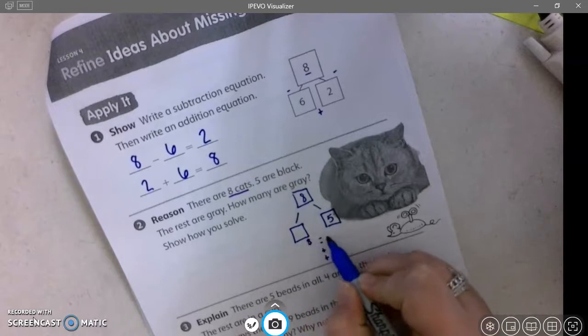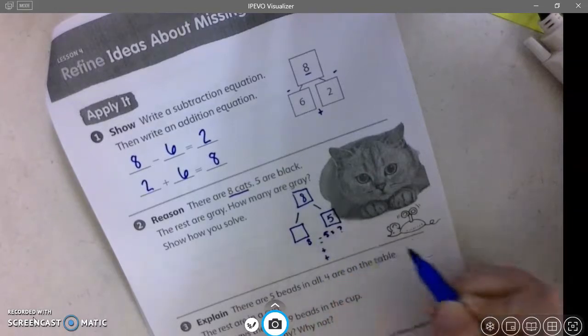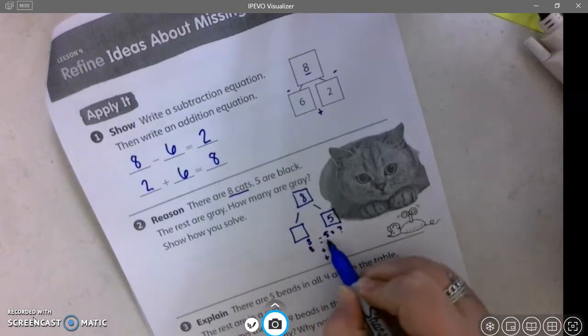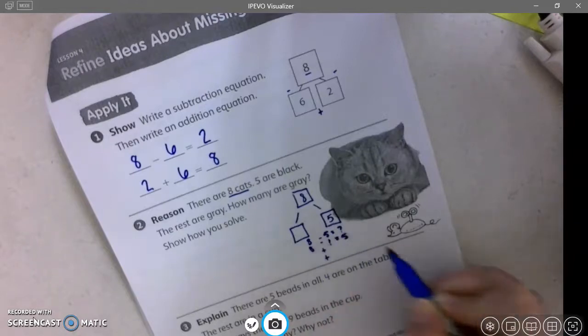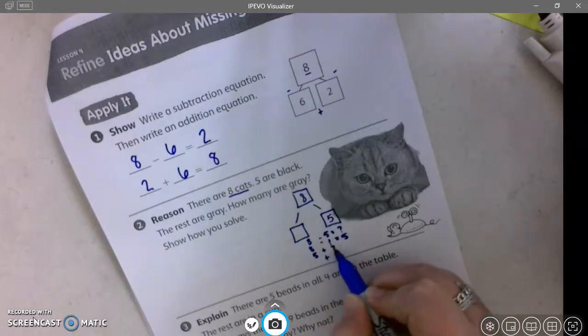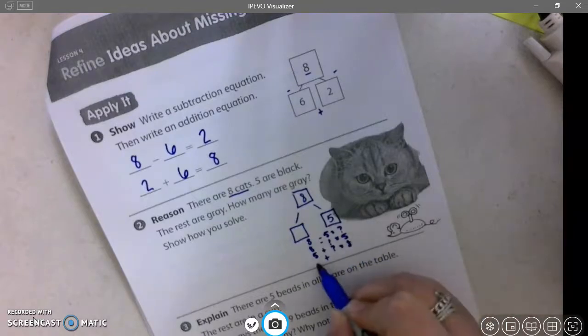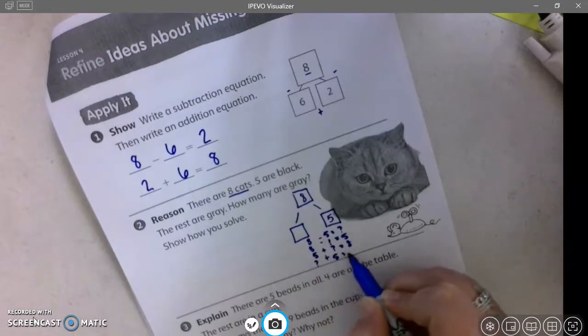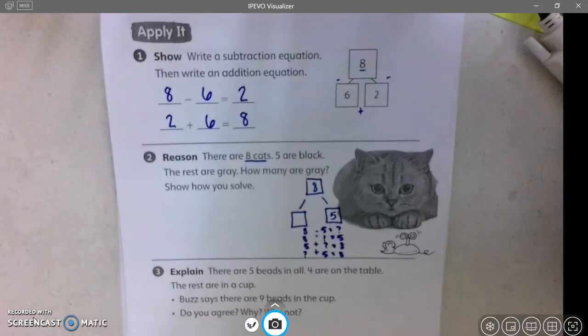So I have 8 minus 5 equals something. And 8 minus something equals 5. 5 plus something equals 8. And something plus 5 equals 8. You choose whatever one works best for you.